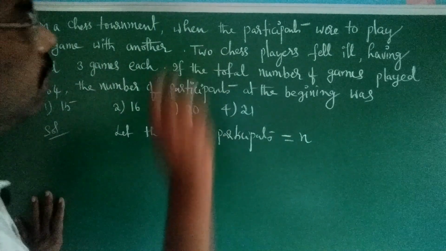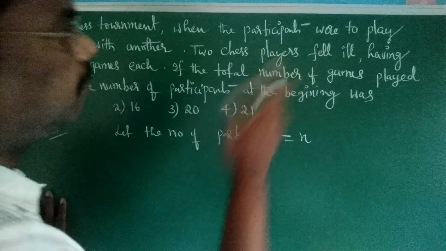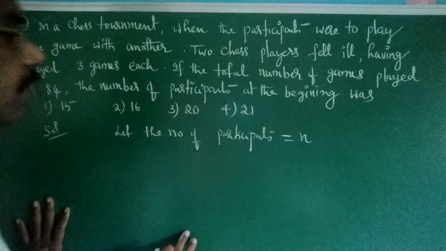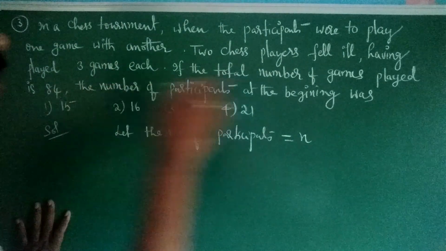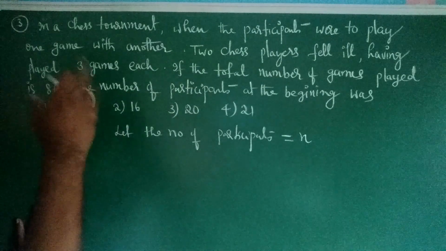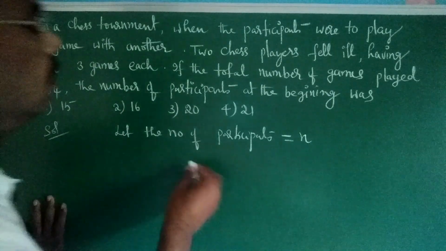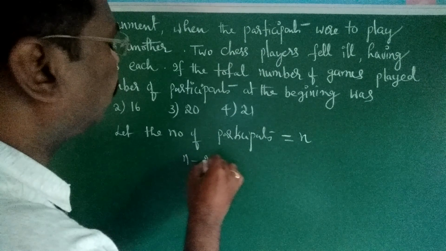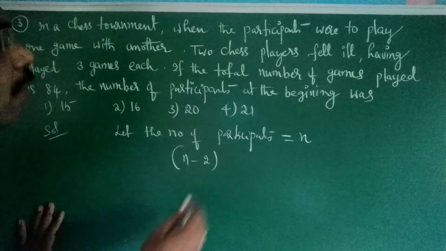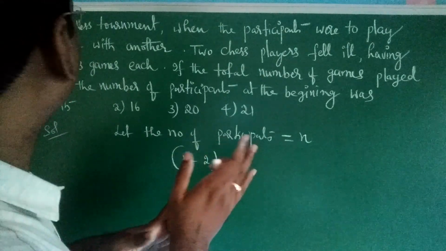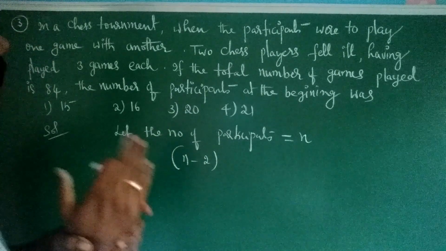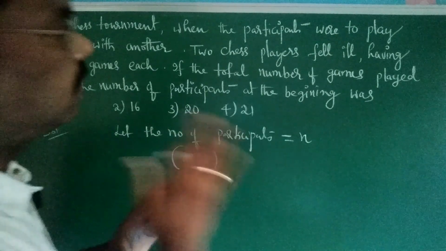Now, according to the given conditions, 2 chess players fell ill, also having played 3 games each. Now, n minus 2. Now, to play a chess game, 2 players are needed.